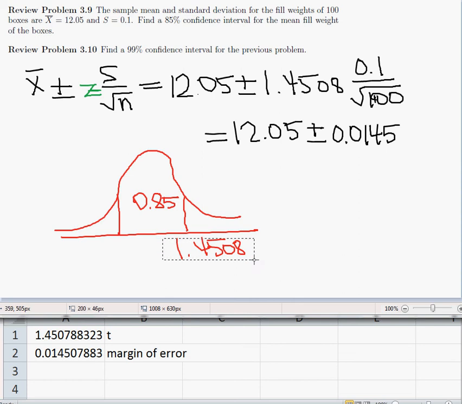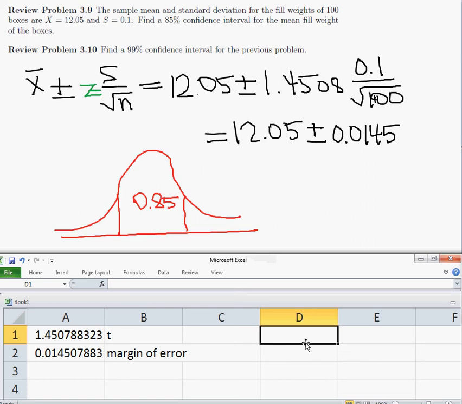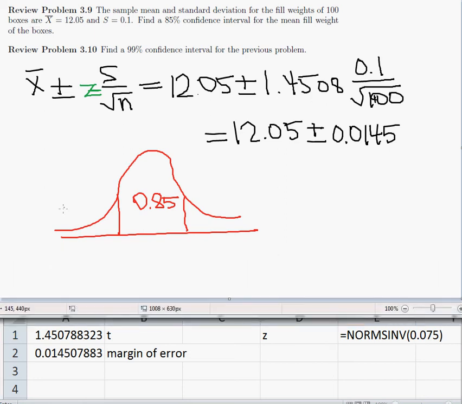The critical value here would be a little bit different. Okay, so instead, if I had used the z distribution, the bell curve, I would have had norm.s.inv of 0.075.